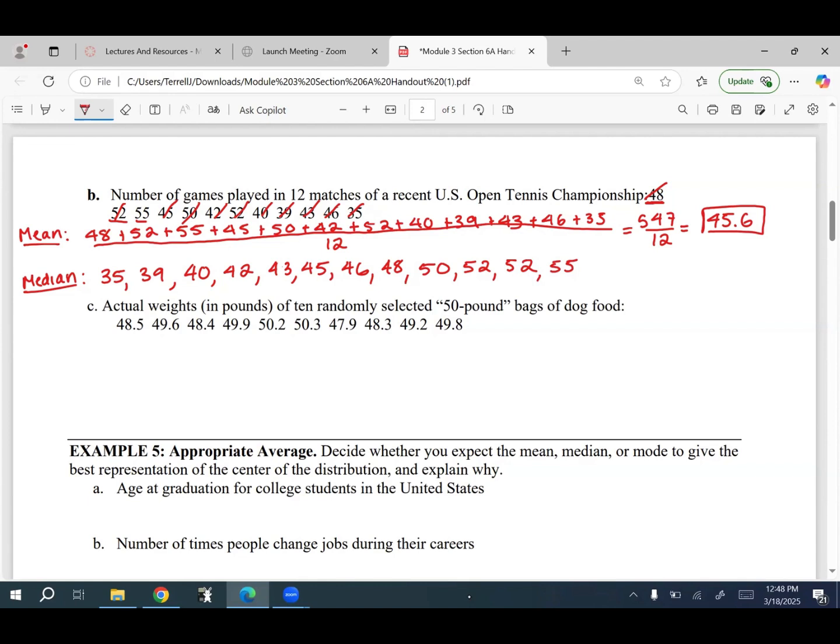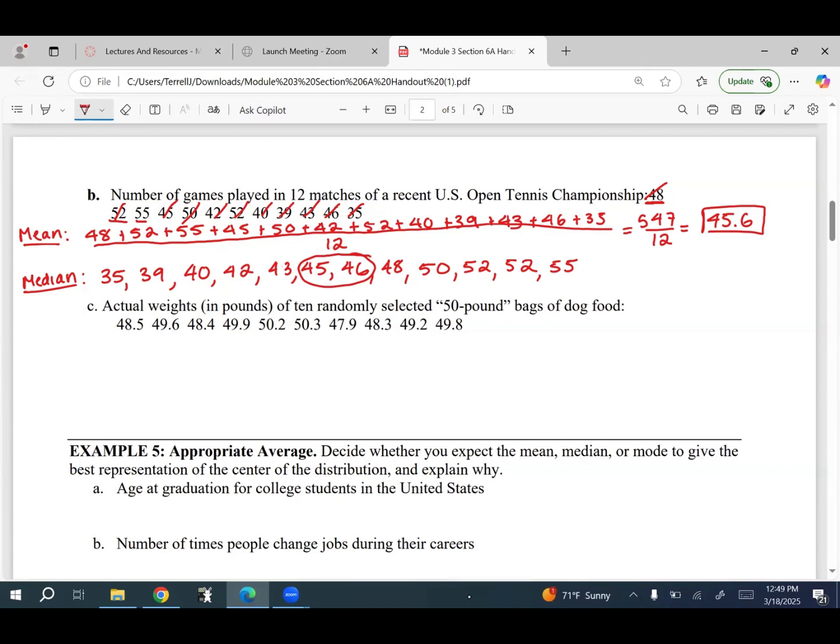Okay, so we've put the data in order. And now we're looking for the middle number, but keep in mind here, there are 12 numbers here. When you have a list with an even number, you're going to have to get the two most middle numbers. So the two most middle numbers here would be 45 and 46, because if you look to the right, there's 5 numbers to the right and to the left.